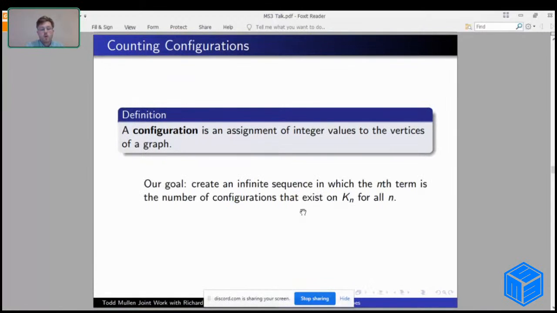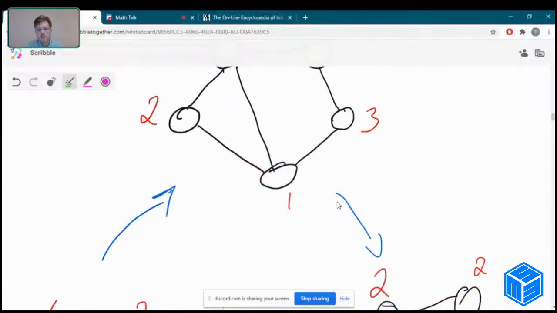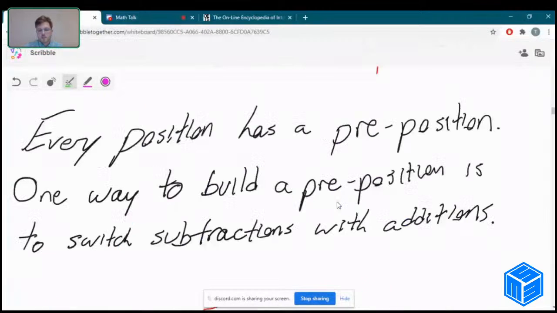So our goal, eventually, is going to be to create an infinite sequence in which the nth term is the number of configurations that exist on Kn for all n. So Kn is a complete graph, like I showed you before, a graph that has all of its edges.